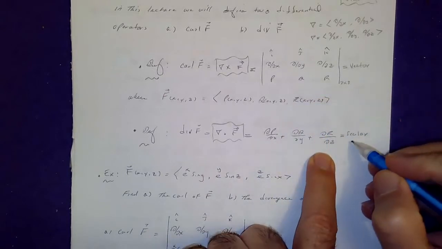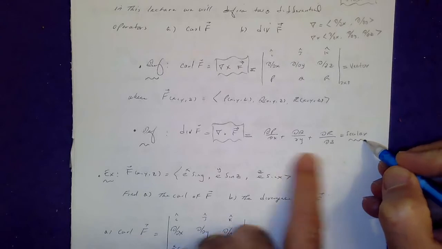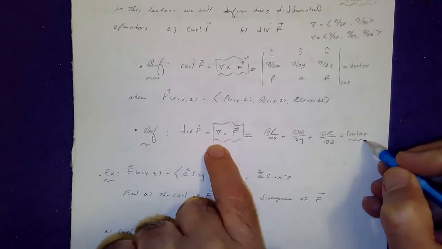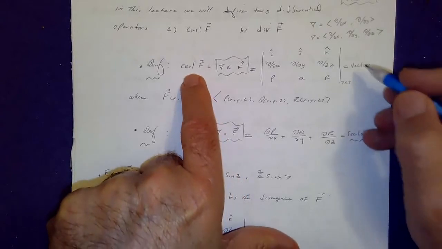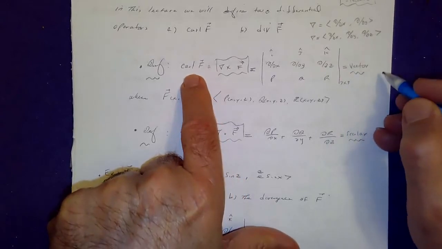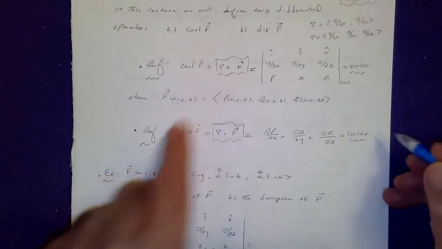But notice the answer is a scalar. So the divergence of a vector field is a number. The curl of a vector field is a vector. Please make sure you keep these in mind.